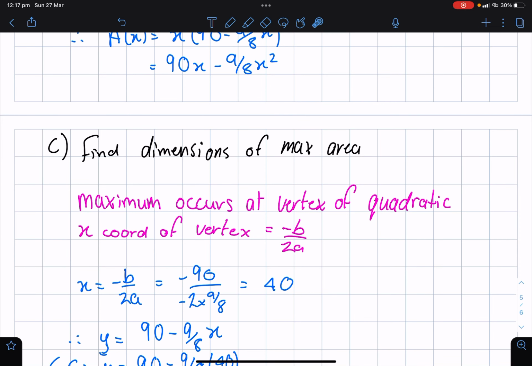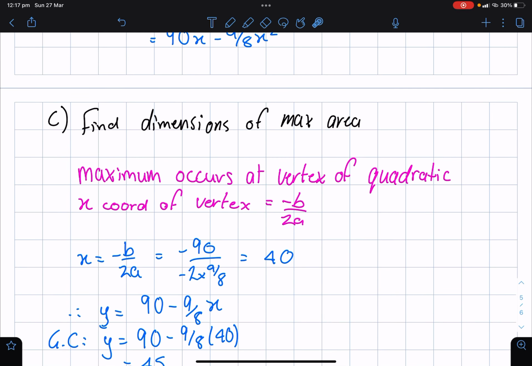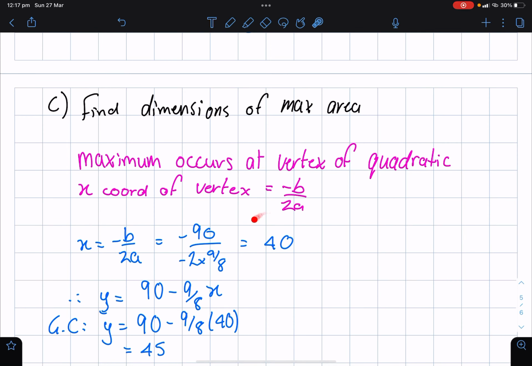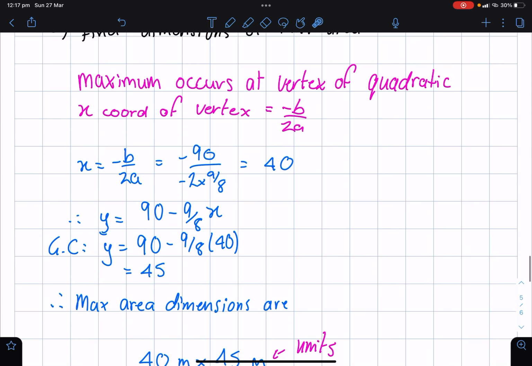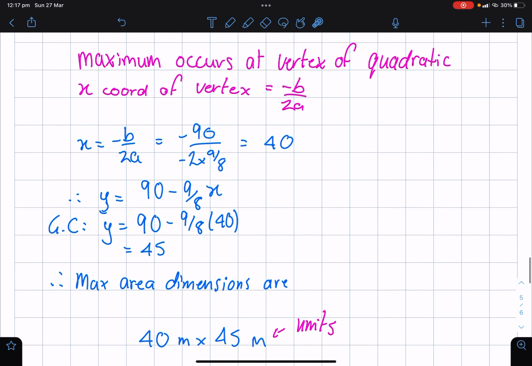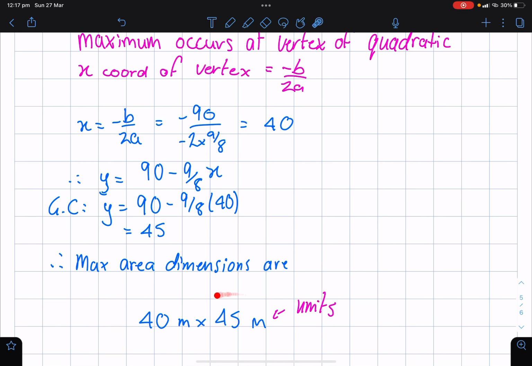Because we have our x coordinate, we need to find our y coordinate. I'm going to substitute that x into the easy equation we rearranged in part B, and it comes out that y equals 45. Therefore our max area dimensions are 40 meters by 45 meters, making sure that we include units.